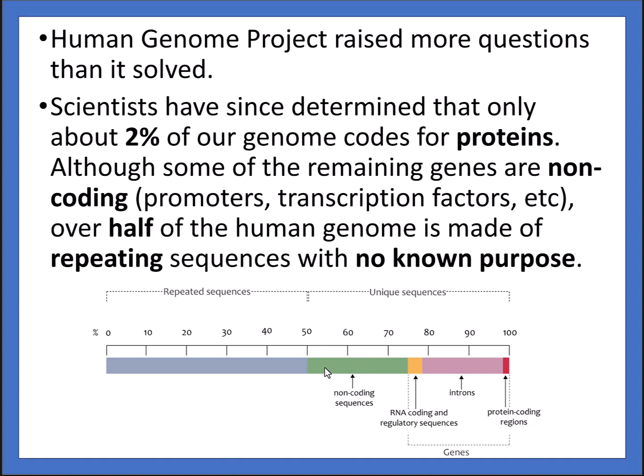And then there's a large section of non-coding sequences, regulatory sequences, introns, which we've discussed, are spliced out to create the finished RNA product. And then just 2% is that protein coding region. So this was not what they were expecting. They were expecting all 100% of the genes to be coding for particular proteins.